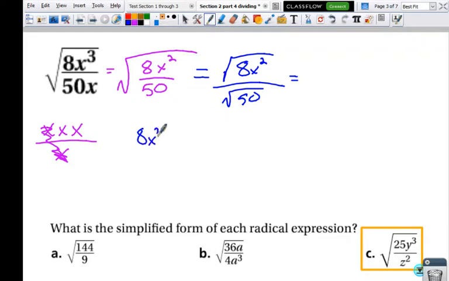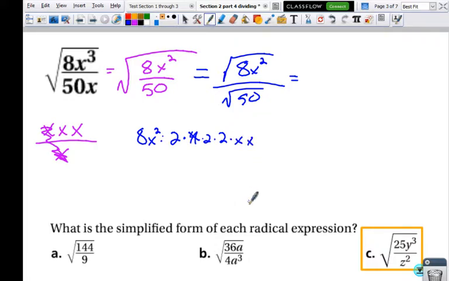So I have 8x squared, right? So how do I get 8? What times what is 8? 2 times 4, right? And 4 is really 2 times 2, and if I have x squared, that's really 2 x's, right?